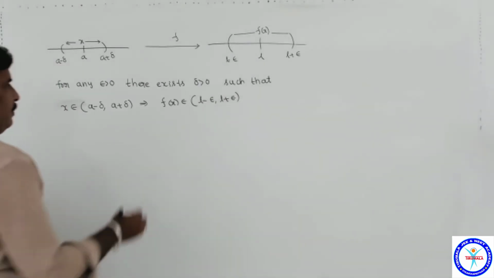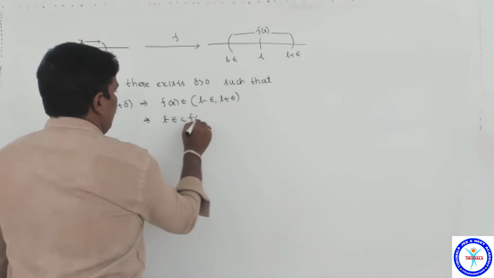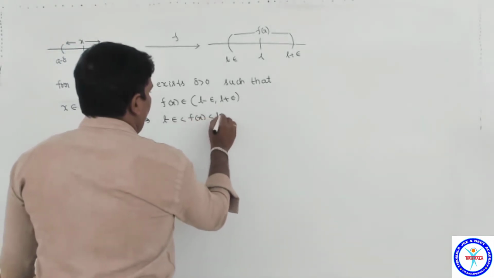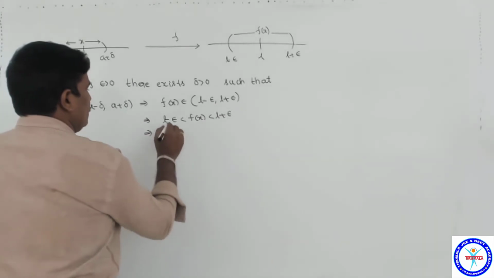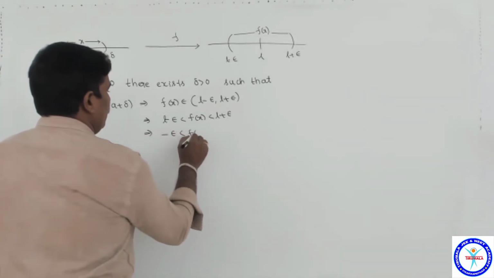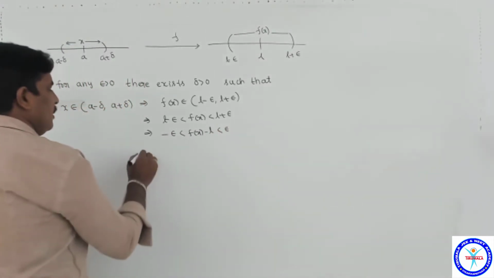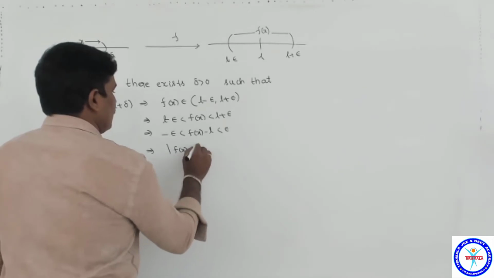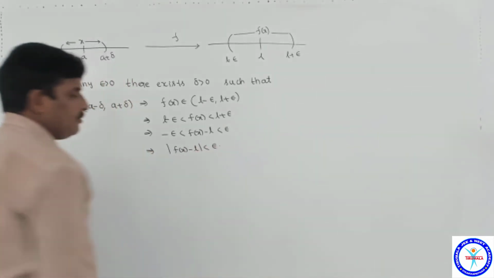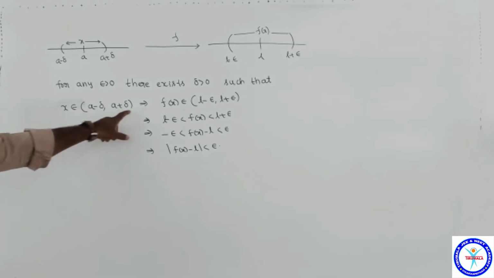Okay, that implies L minus epsilon less than f of x less than L plus epsilon. This implies minus epsilon less than f of x minus L less than epsilon. This implies modulus of f of x minus L less than epsilon.